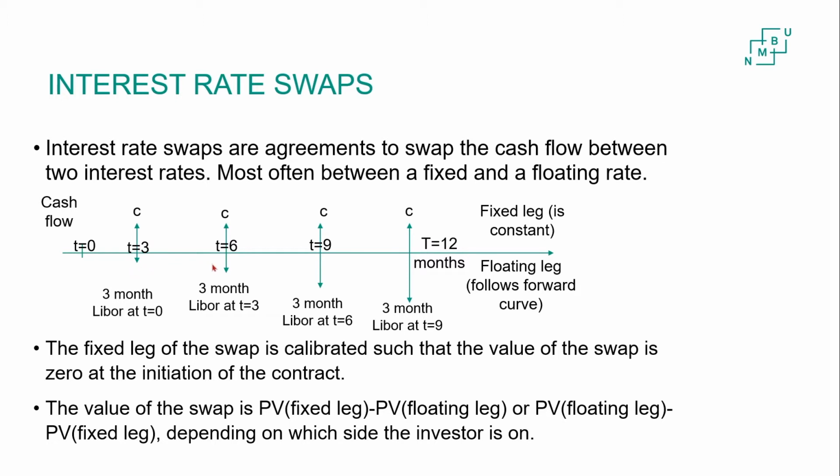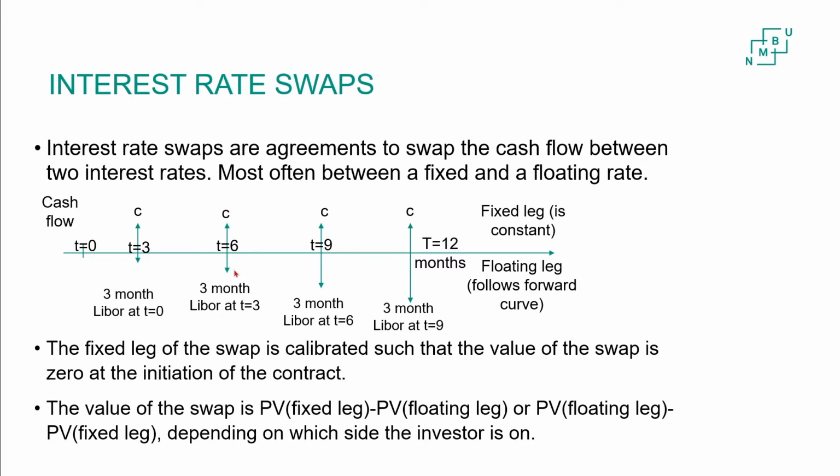And the 3-month LIBOR set at t equals 3 decides the payment at t equals 6, and so on. What you take for given is the floating leg, okay? You assume that this floating leg follows the forward curve in the market, and this you can observe.